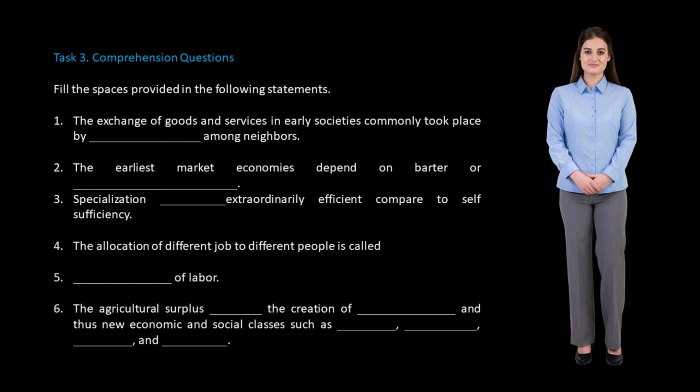Extraordinarily efficient compared to self-sufficiency. 4. The allocation of different jobs to different people is called of labor. 5. The agricultural surplus. The creation of and thus new economic and social classes, such as. Please answer the questions. You can pause your video while finishing the answer.